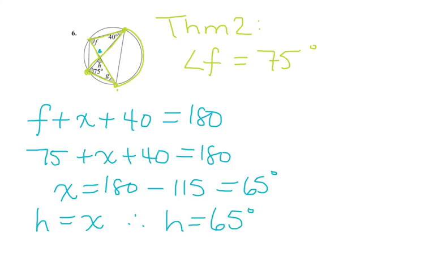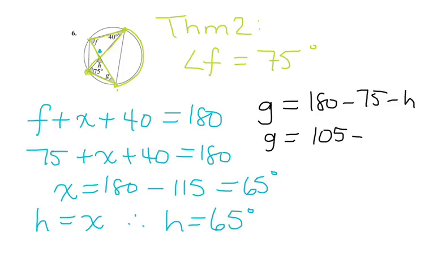That comes from vertical angles, so those two angles up across from each other are equal. And then g must be equal, let's do g in black, g must be 180 minus 75 minus h, so 105 minus 65 gives us 40 degrees.